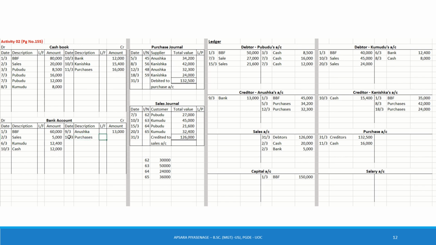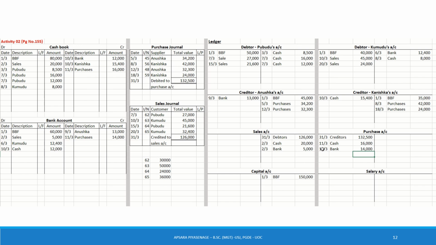Purchases 14,000. Purchase account should be debited. Here we write bank since we have issued a check for this purchase.